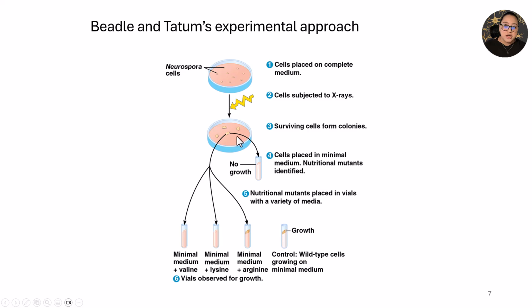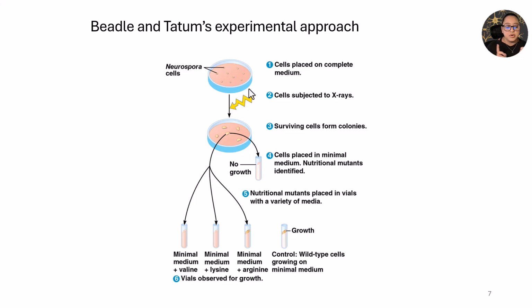So he took the surviving cells from these colonies and then put them on a different kind of medium. Complete medium has a bunch of different nutrients, and so the cells are provided with everything that they need. But normal cells can also grow on what's called minimal medium, which means there's just the bare minimum there.